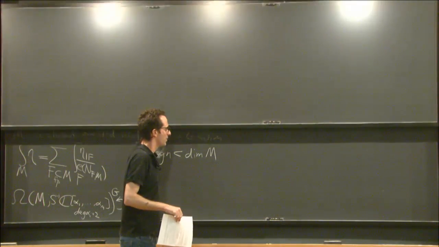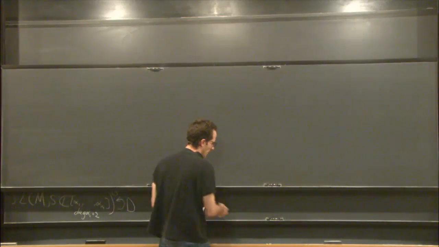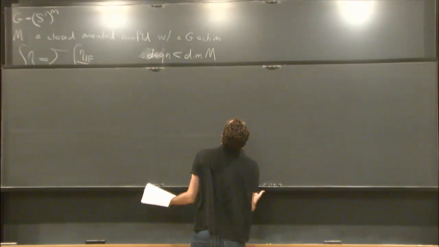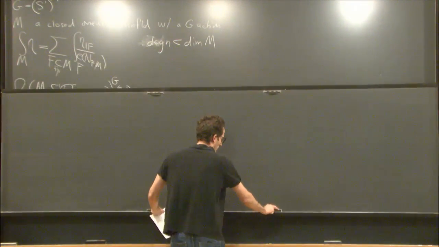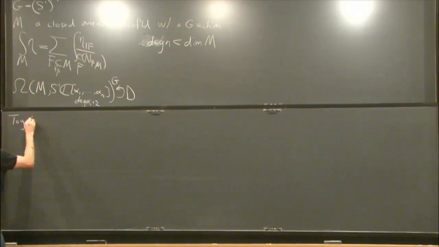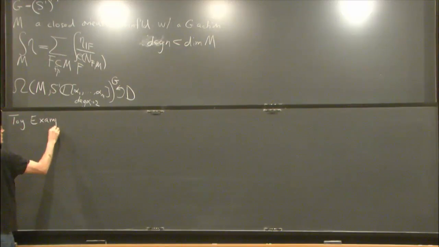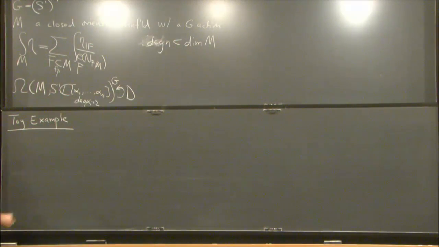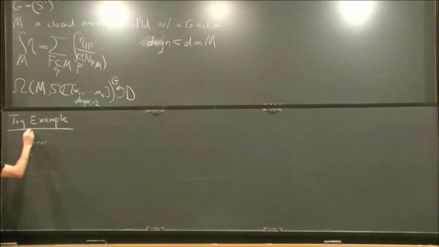So now we come to the first example of the talk. Okay. So let's start with a toy example. Consider the diagonal action of the torus group on C^(n+1).